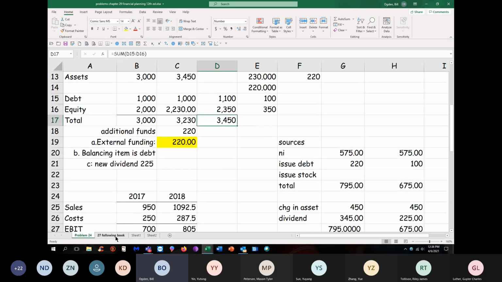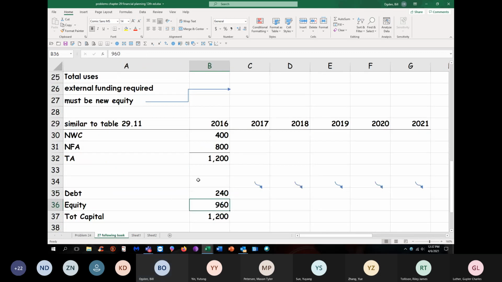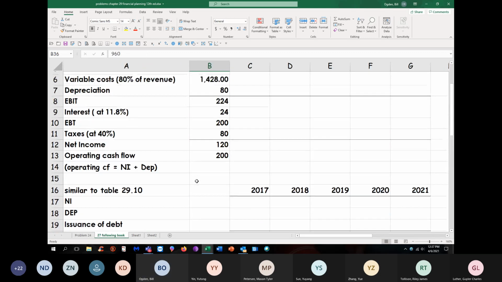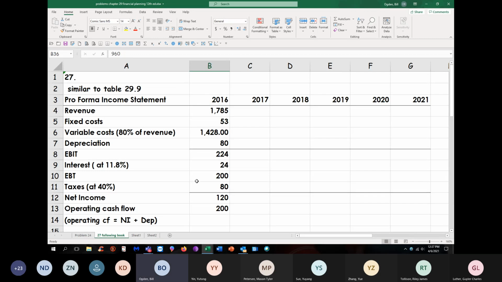Let's go then to number 27. I just have to caution you that it's wonderful to be using Excel, and I know you have skills that you can copy things across, and that's good. Except it would take me about 5 minutes to rewrite this problem such that this would no longer be copyable.